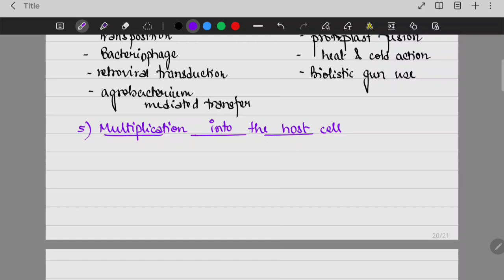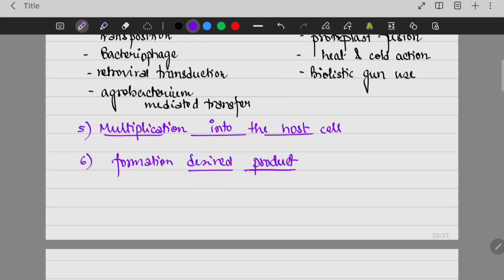Otherwise, if we give the DNA and provide different kinds of antibiotics, the bacteria may die. So we will choose a specific kind of bacteria for its multiplication. Now the last one is formation of the desired product. This desired product is helpful in our day-to-day lives.